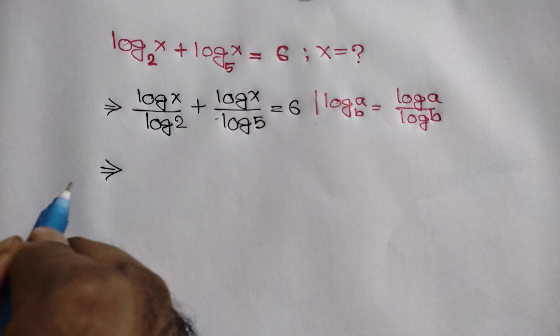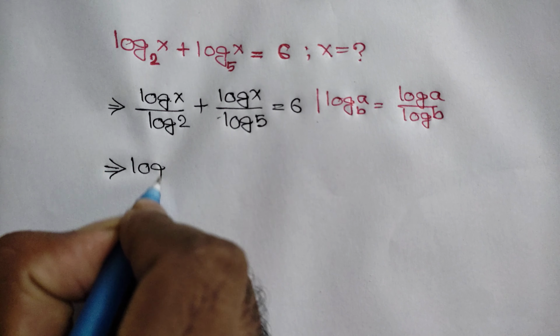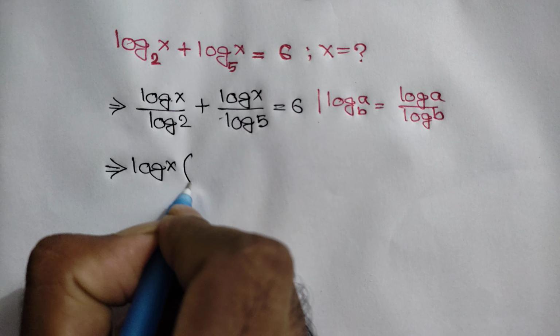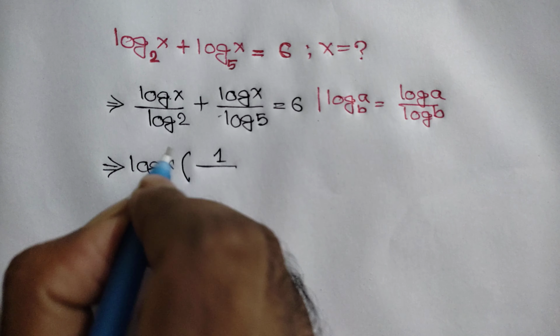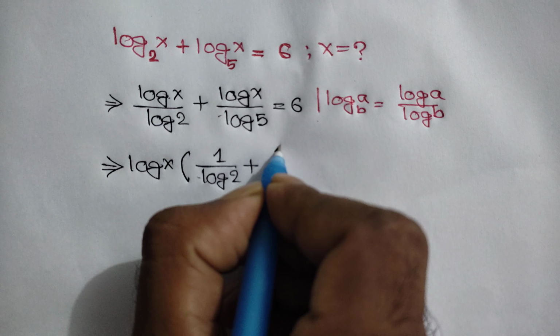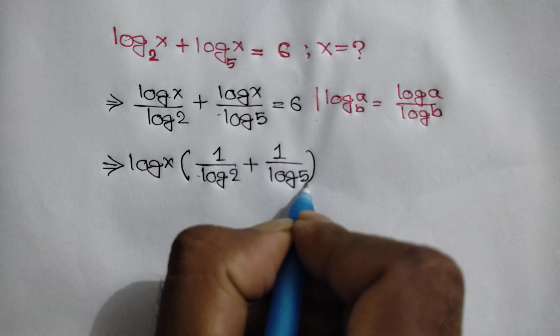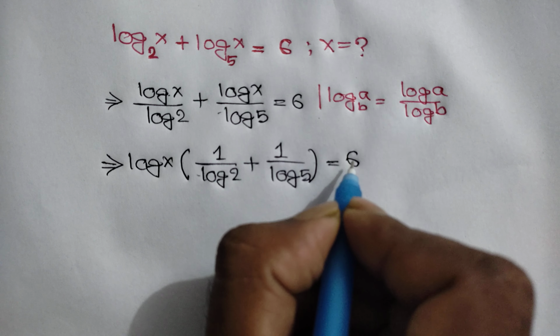Now taking common log of x, we will get log of x times (1 over log of 2 plus 1 over log of 5) is equal to 6.